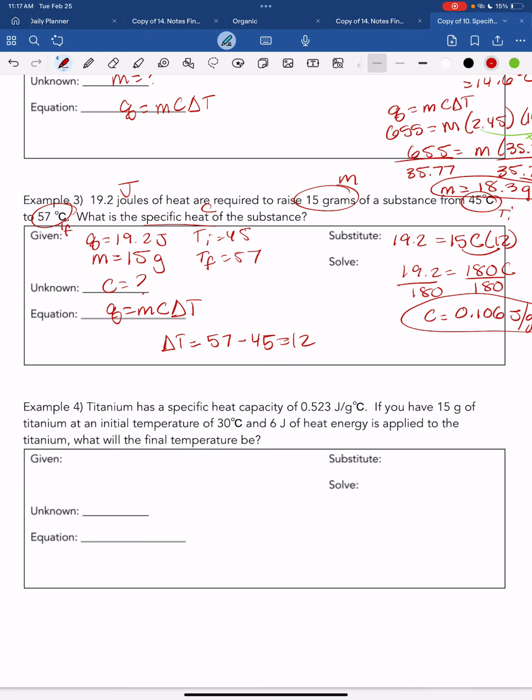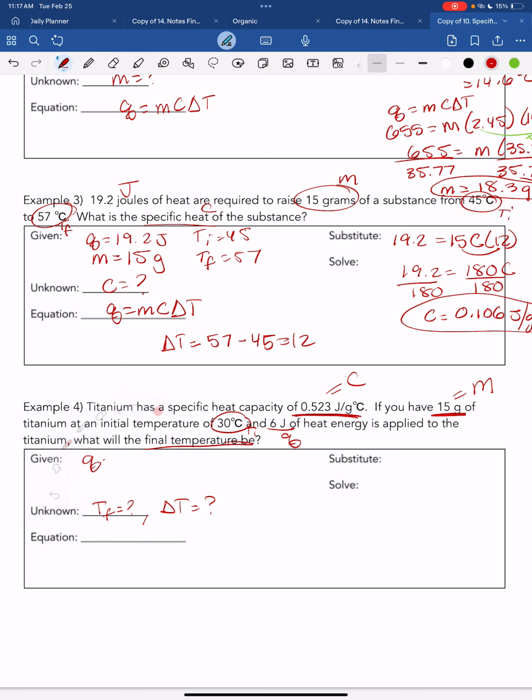Titanium has a specific heat capacity of 0.523. If you have 15 grams, so this is our C, this is our M, of titanium at an initial temperature of 30 and 6 joules of heat, that's our Q, what will the final temperature be? So we don't know our final temperature, but in order to find the final temperature, we need to find our change in temperature.